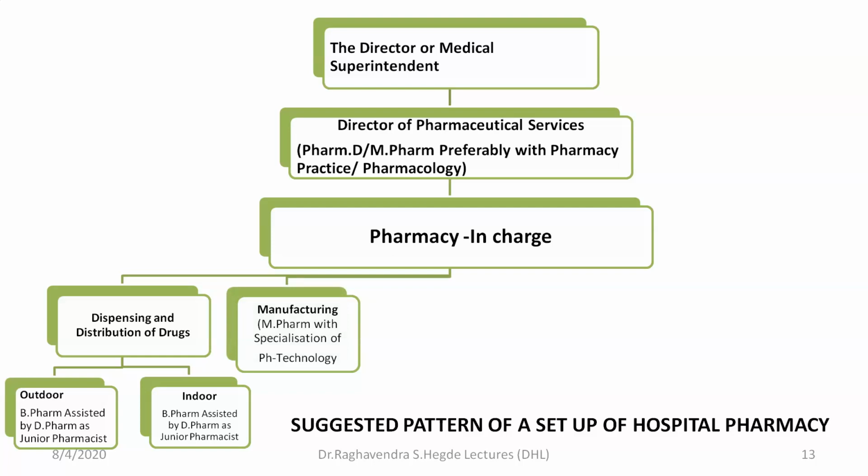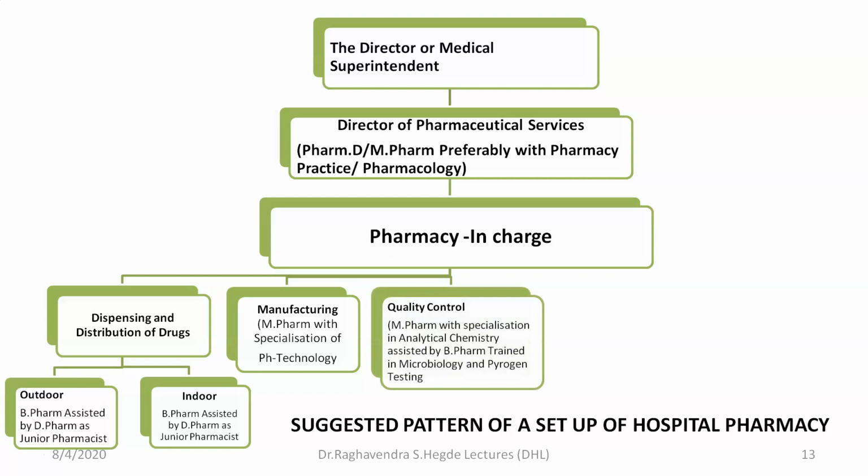Here the specialization is M.Pharm with pharmaceutical technology, because it is manufacturing, so they deal with the manufacturing aspect. Next, we can see the quality control aspects. These will be taken care of by M.Pharm with specialization in analytical chemistry.